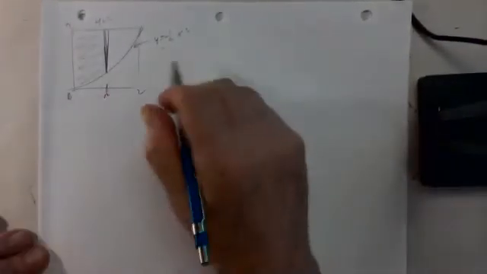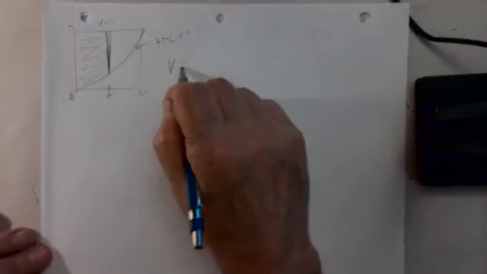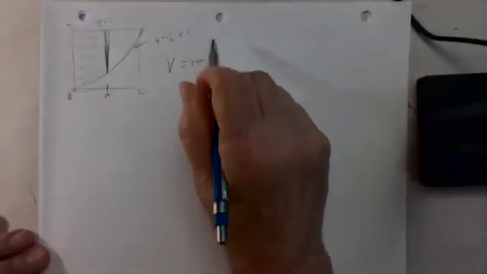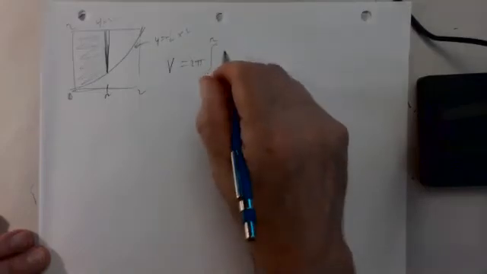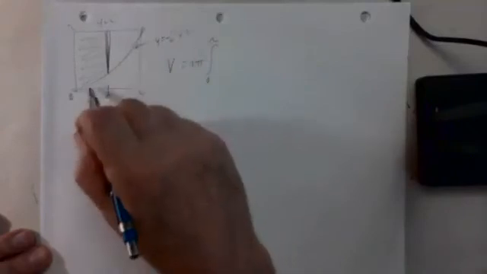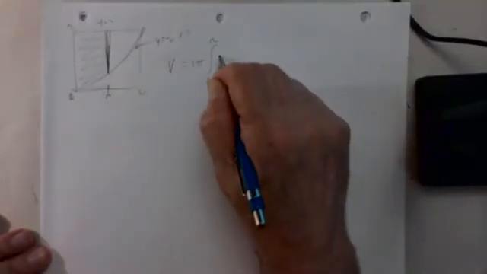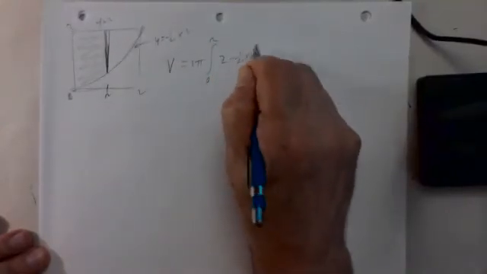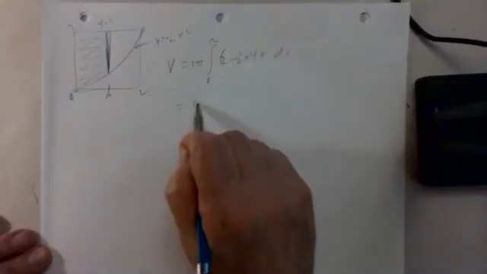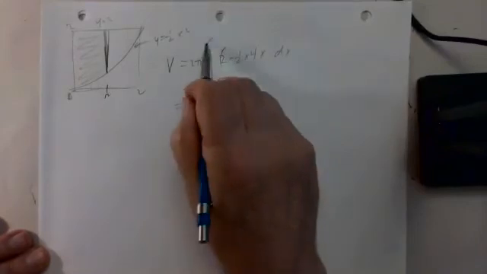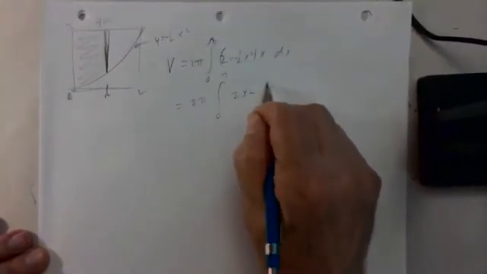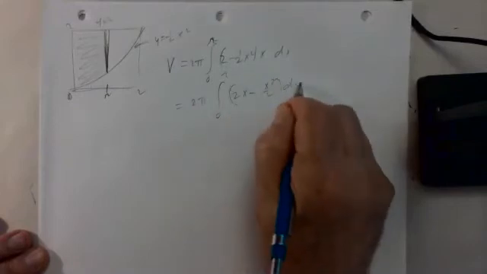And the volume of that is 2 pi, the integral from 0 to r, exactly what we had before. The height of this cut for any x is 2 minus a half x squared, times the distance to the origin, dx. So that's 2 pi, the integral from 0 to r of 2x minus x cubed over 2 dx.